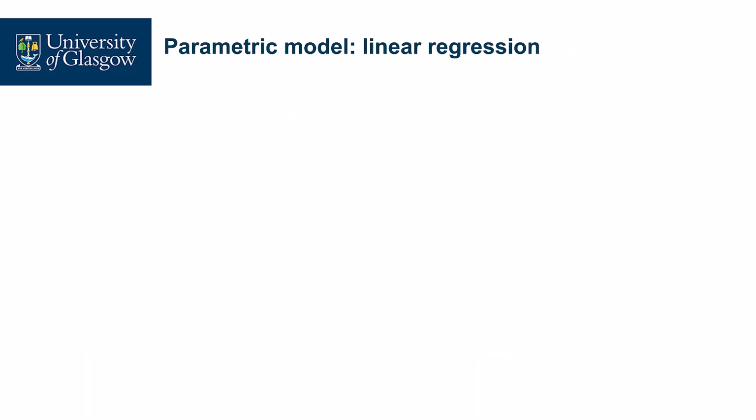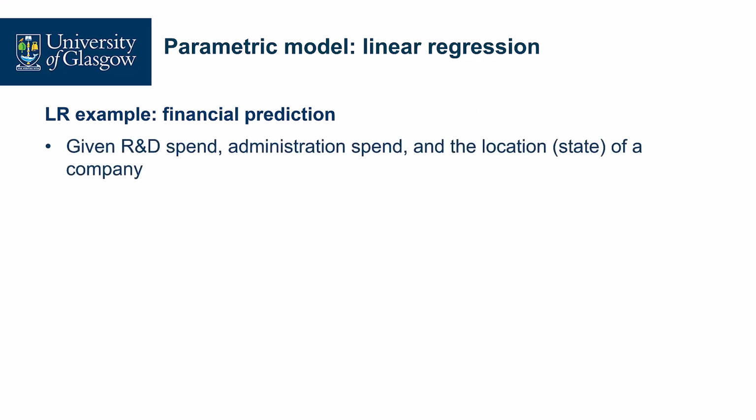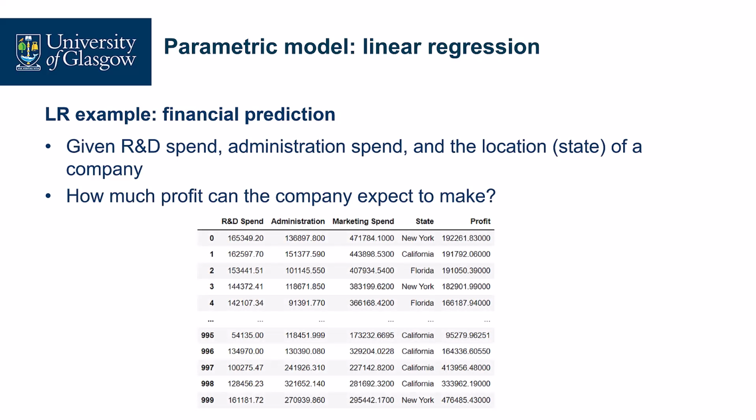Then we can see an example of linear regression. We use a previous financial prediction example. We give the research and development spend, the administration spend, and the location of a company. We want to predict the profit the company is expected to make. We have 1,000 samples.